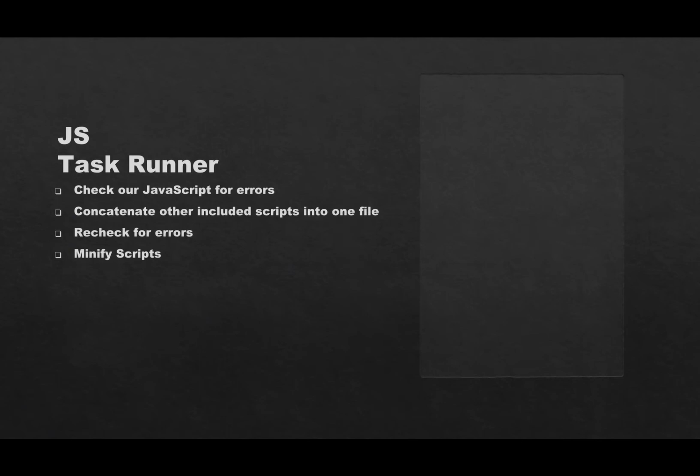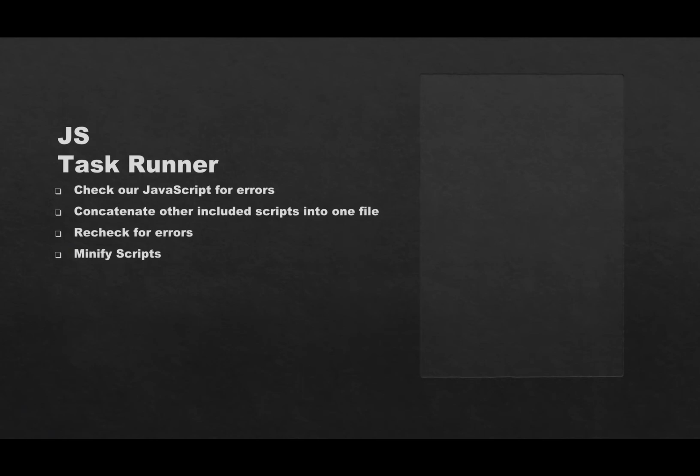Next is the JavaScript task runners. It's just to check our JavaScript errors, concatenate all of our included scripts into one file, so it's just making all of our JavaScript files into one.